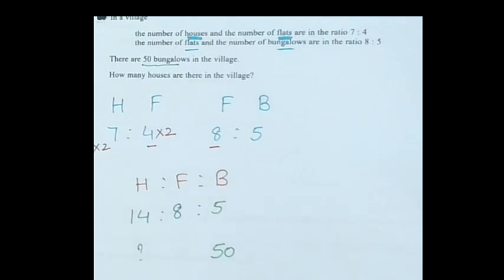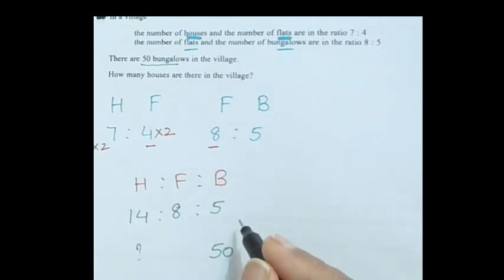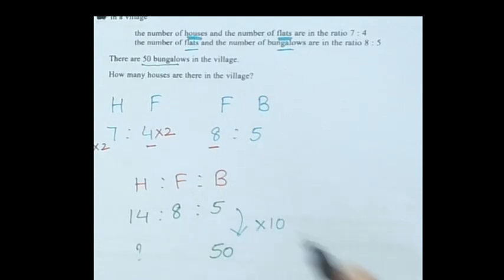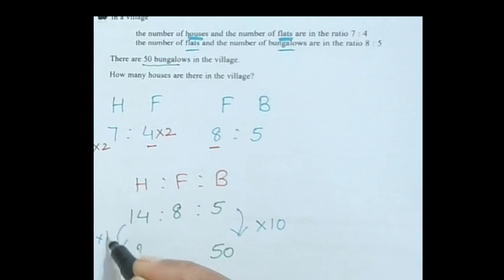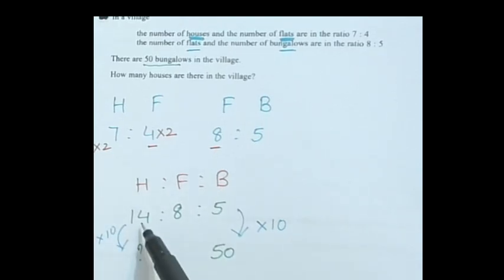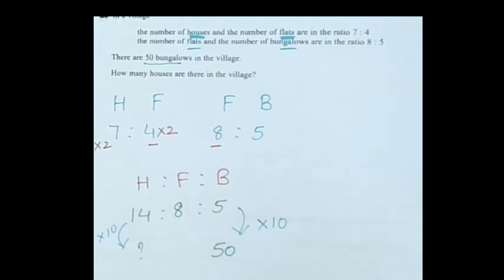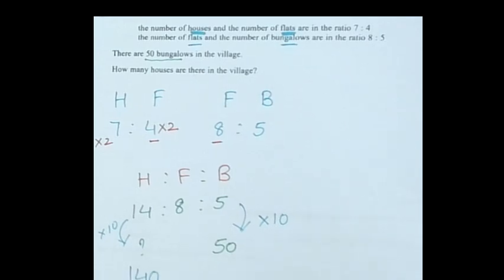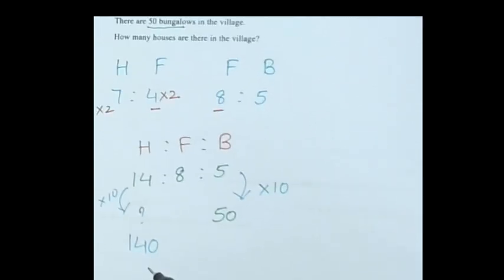Now you're going to ask yourself how many 5 can make 50. So 5 times 10 is 50. Yes. So we are looking for only houses. Same way you will do times 10 here with the houses. So 14 times 10 will be 140. So houses are 140. Okay, so you're going to write your answer 140.